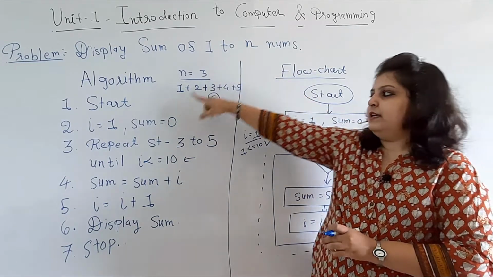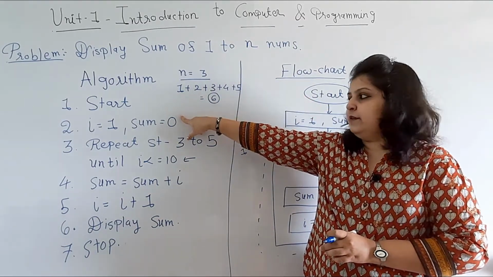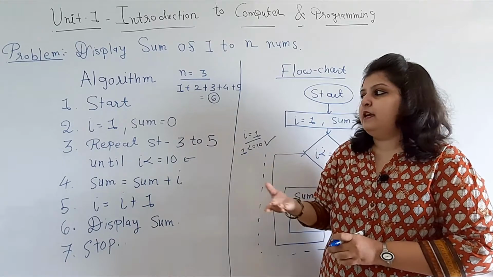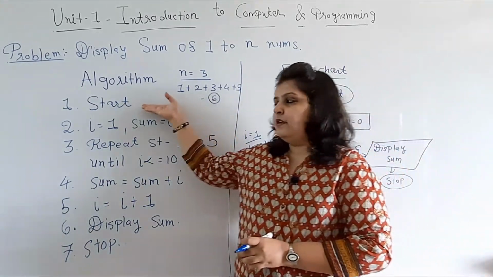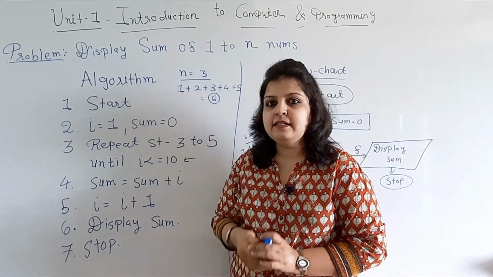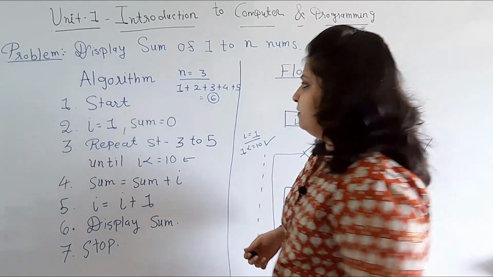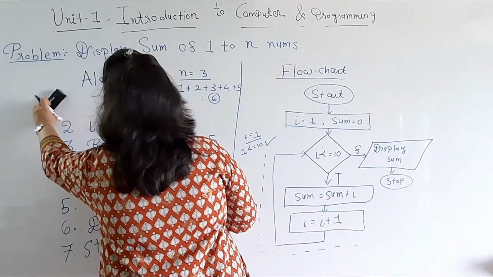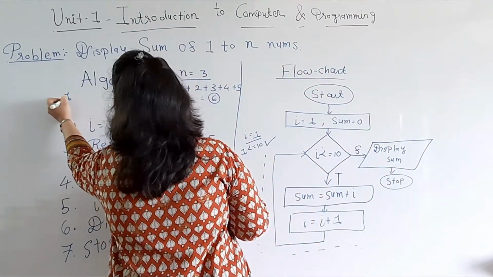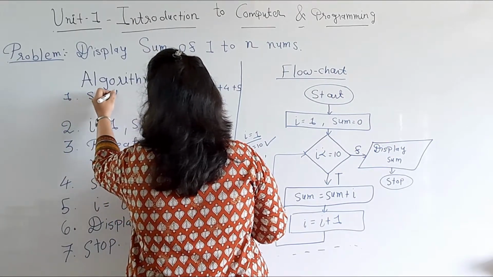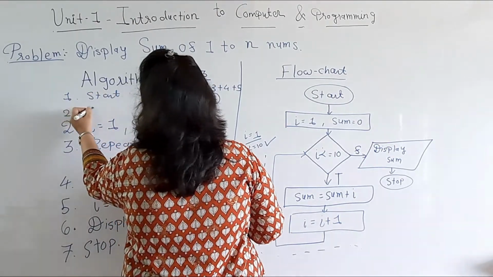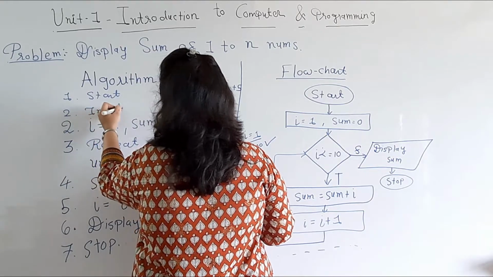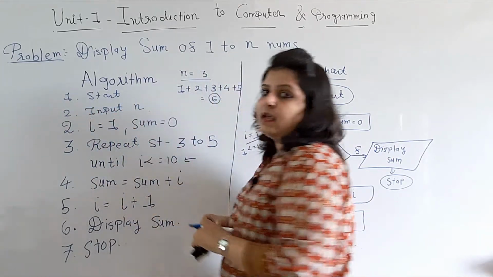We have to add here an input n, and where can we add it? After our first statement, that is start. So the first step is start, and then the second is input n.